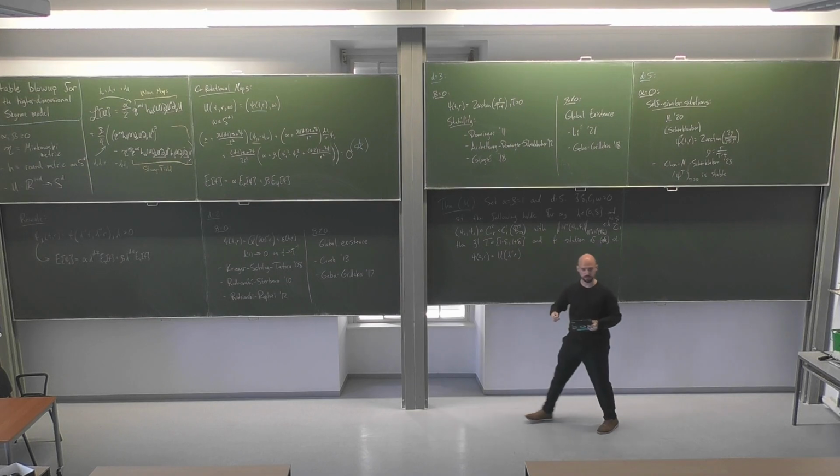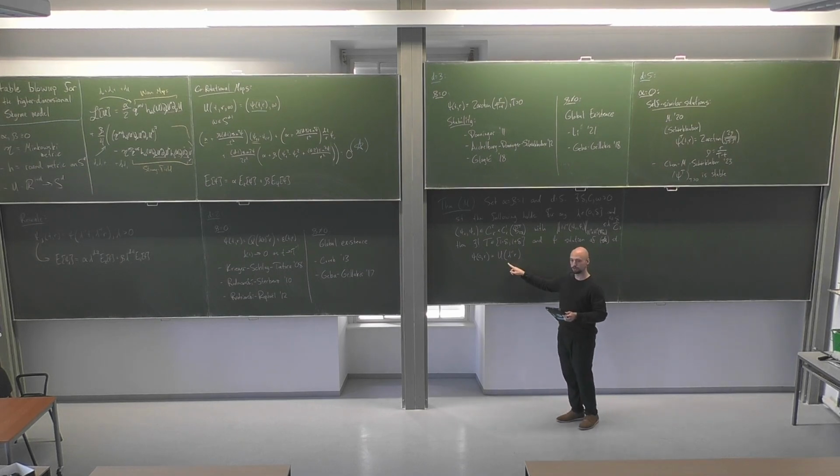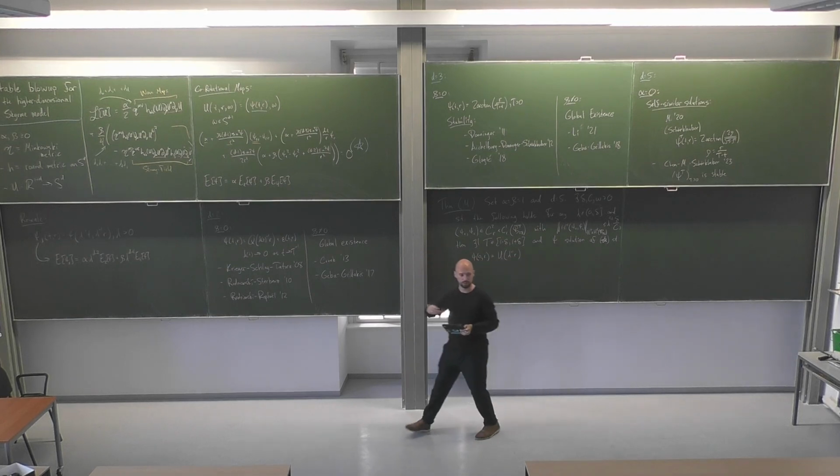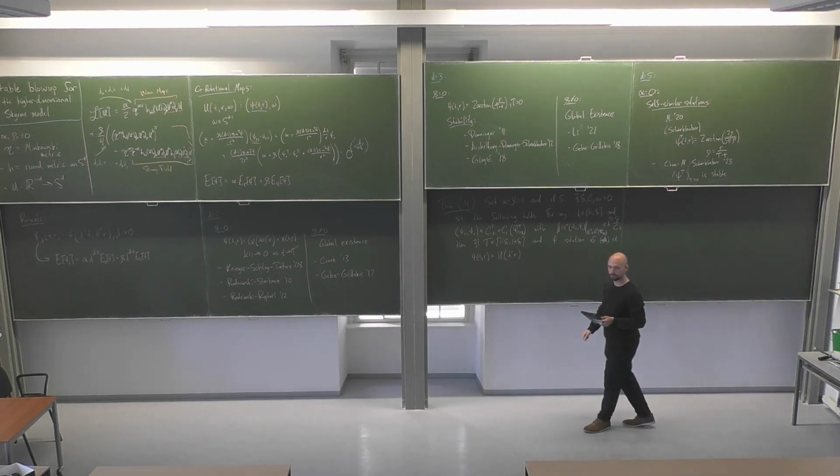So lambda is small, so this initial data, if I were to evolve it according to the strong field limit of the model, would blow up at time lambda, at a very quick blow up time.